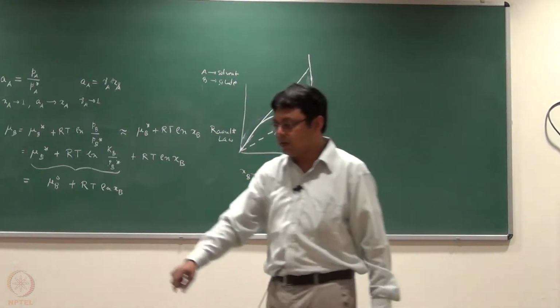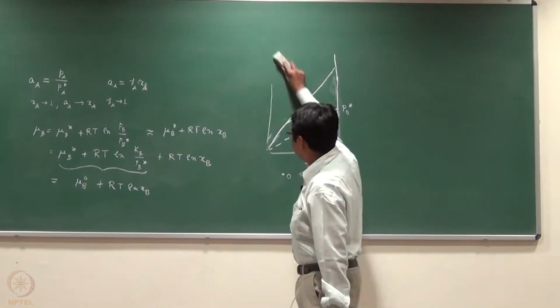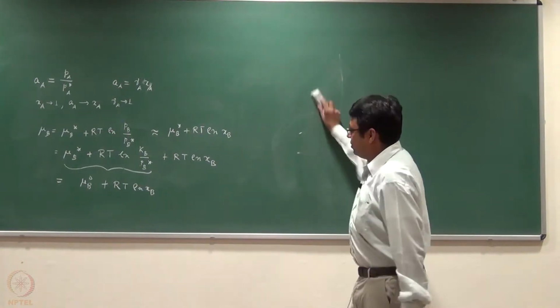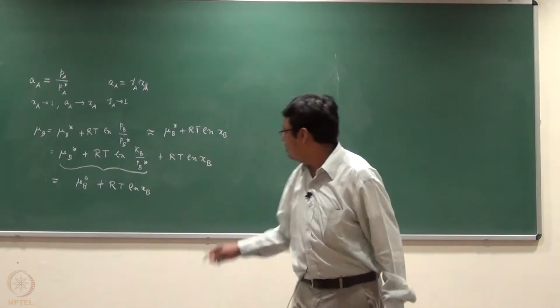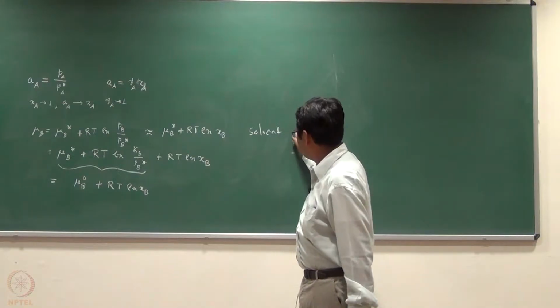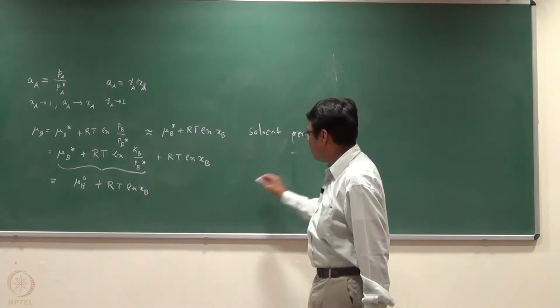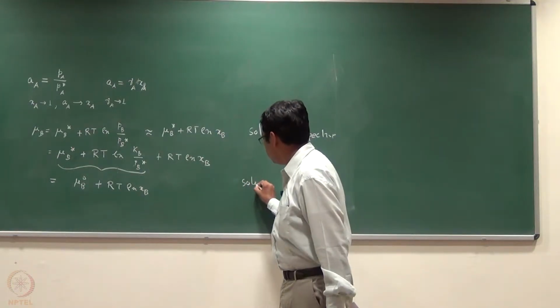Let me first define the activity for B. So this is from a solvent perspective, and this is for a solute perspective, right?